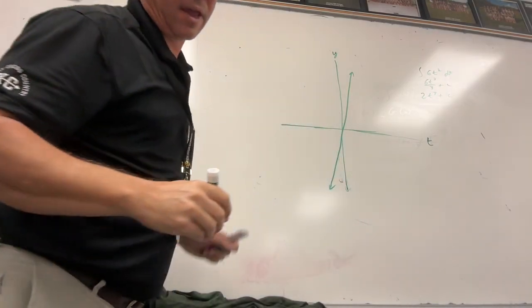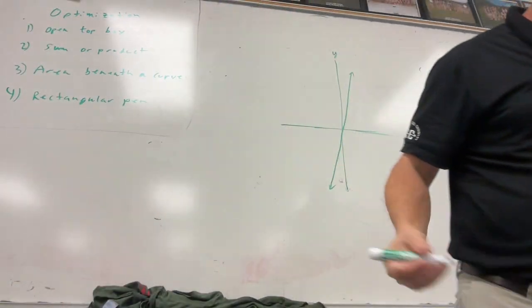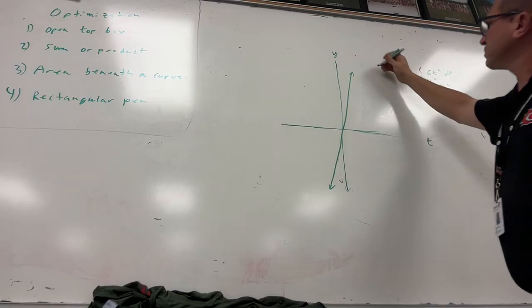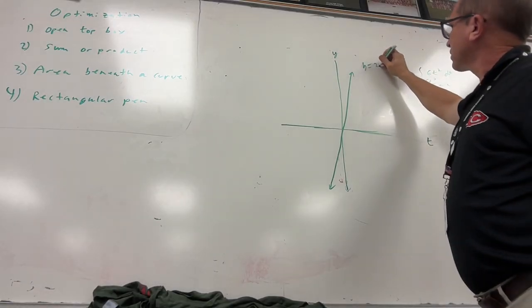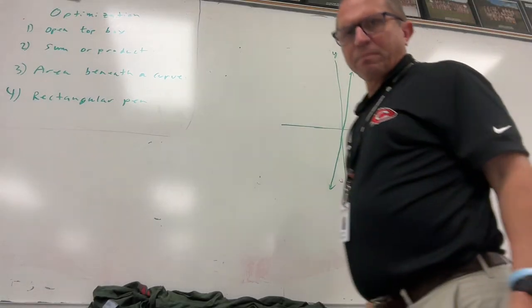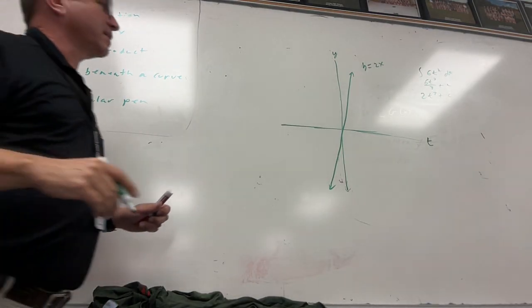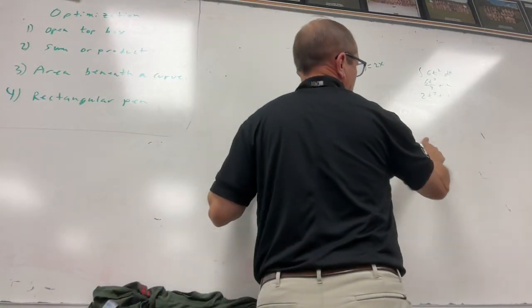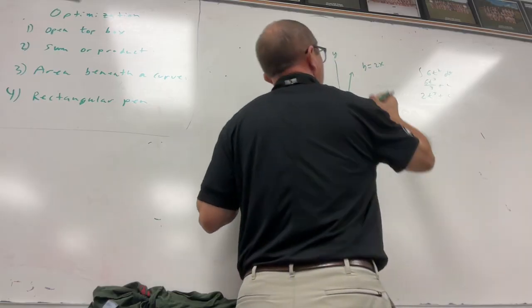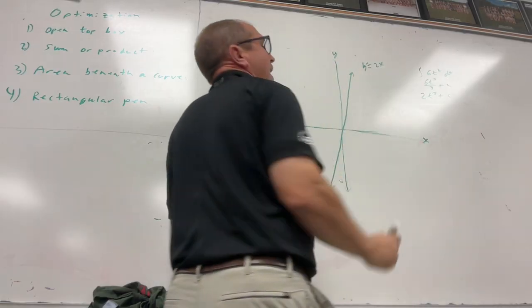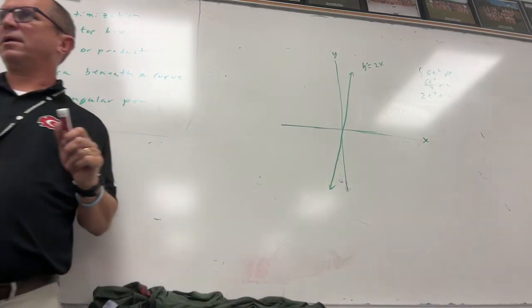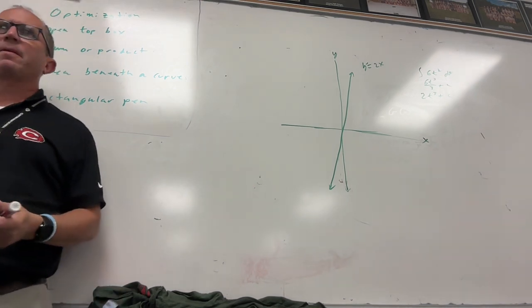And let's just say that that line is y equals 2x. But what we're going to do different with this line is we're not going to say that this is the graph of y equals 2x. This is the graph where y prime is equal to 2x.